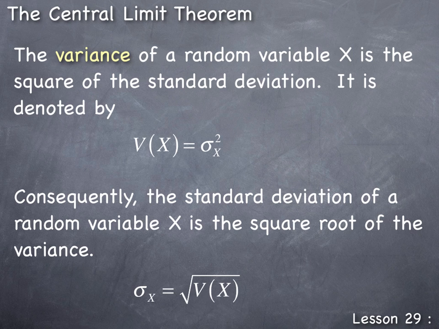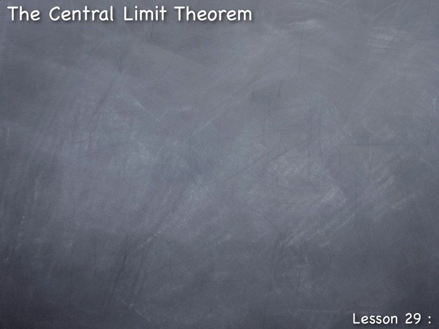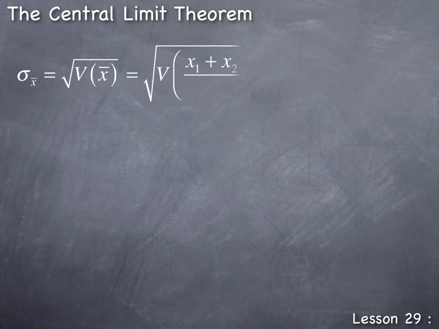So here, using the variance function to help us find the standard deviation of the sampling distribution of the sample mean x bar, we could show that sigma sub x bar is equal to the square root of the variance of x bar, where x bar, the sample mean, is the sum of all the data values divided by n, the total number of data values added.